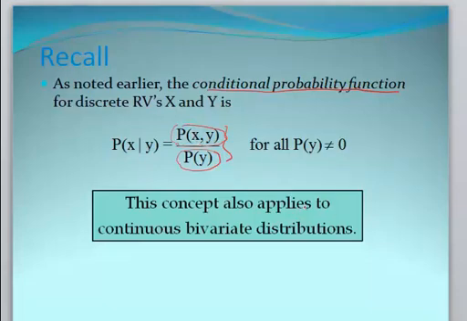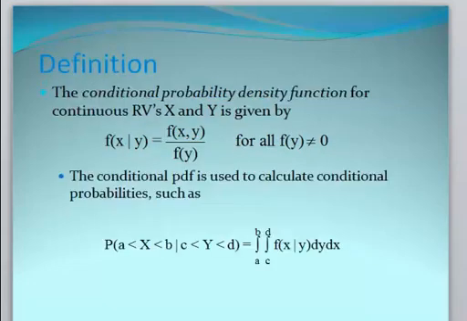So this concept is also going to apply to continuous bivariate distributions. So we use it to calculate conditional probabilities. Sometimes when we're trying to calculate a conditional probability like this, we can substitute in this value right here. And we'll see an example of that in some of the problems to come.